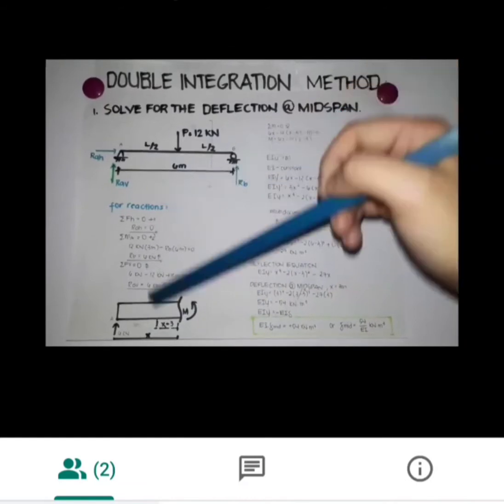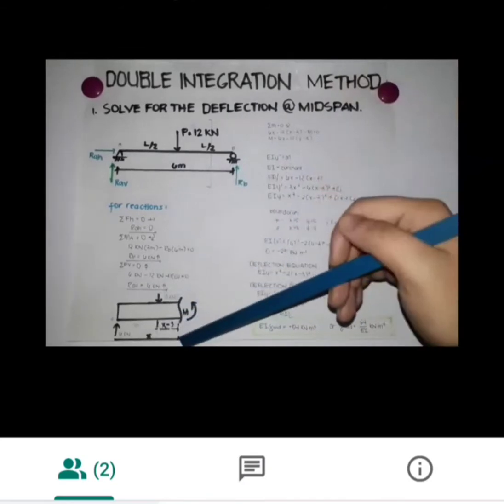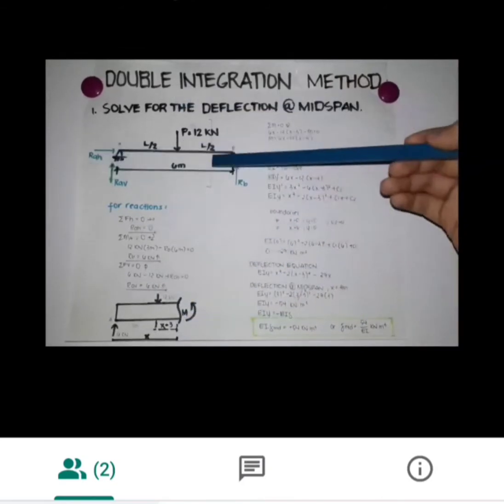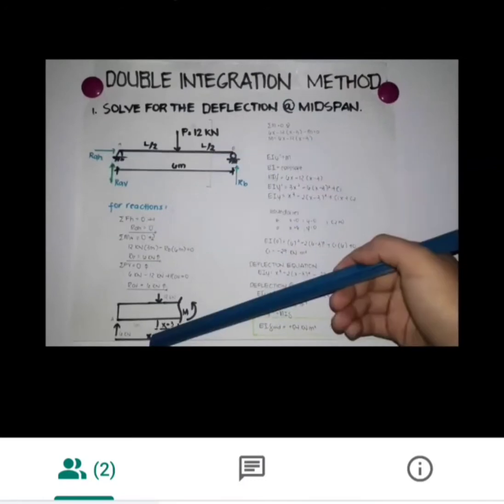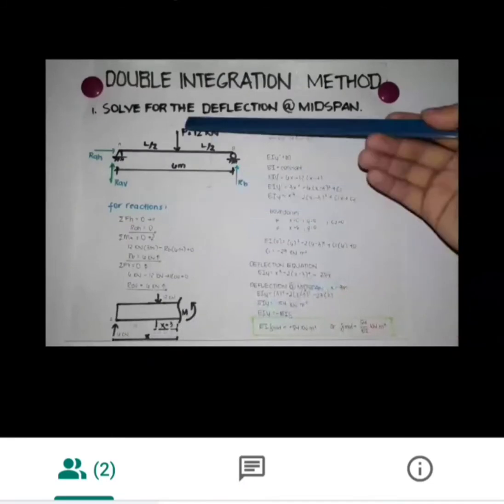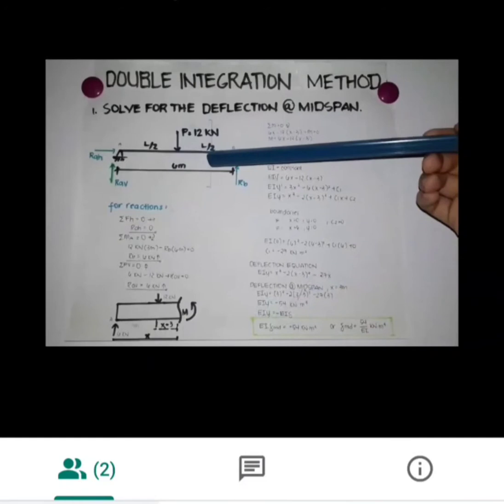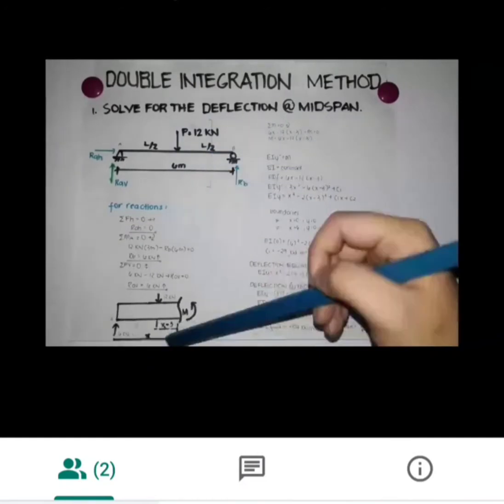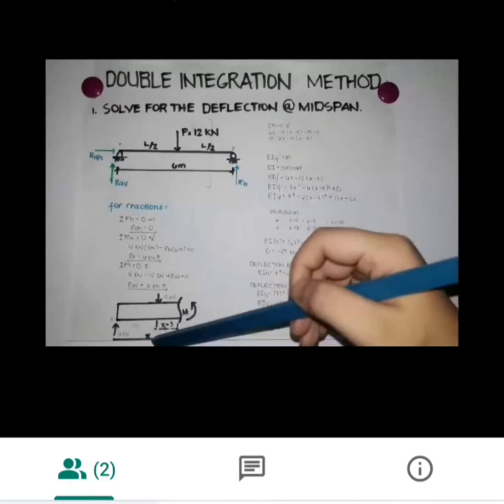Since hindi natin alam yung distance from A until dun sa nakat na part ng beam, i-indicate muna natin siya as x, as well as yung distance ng load hanggang sa nakat na part ng beam, and indicate natin siya as x minus 3.